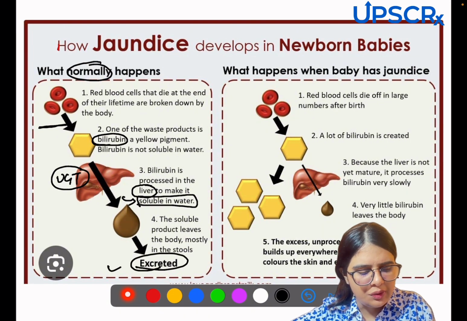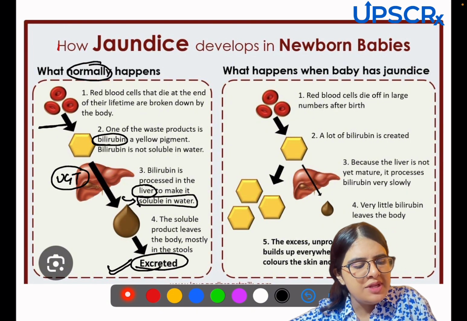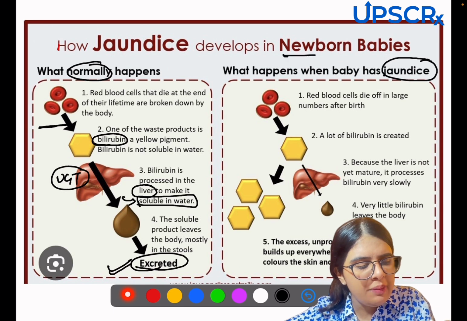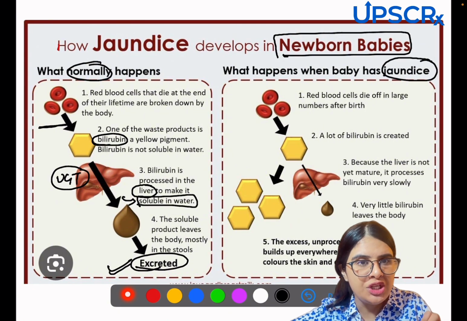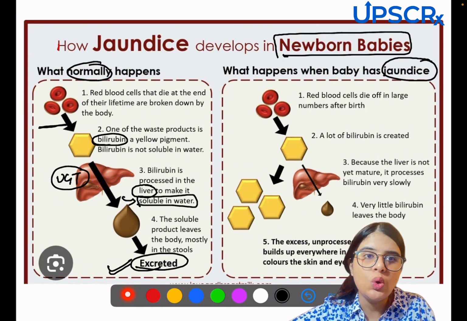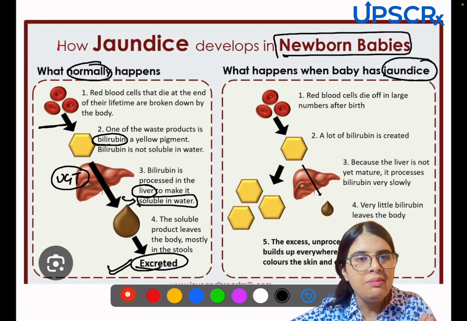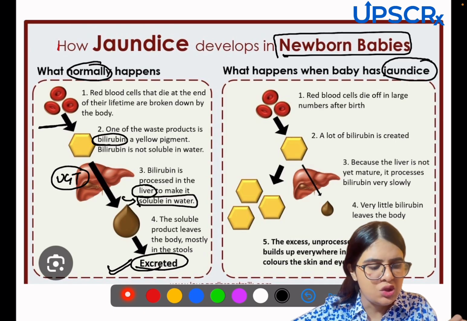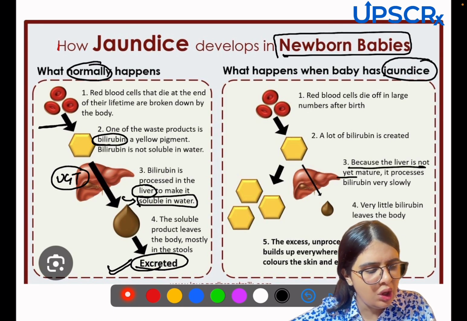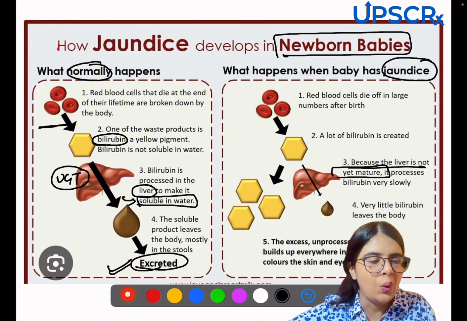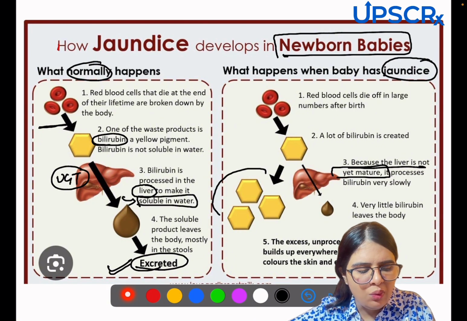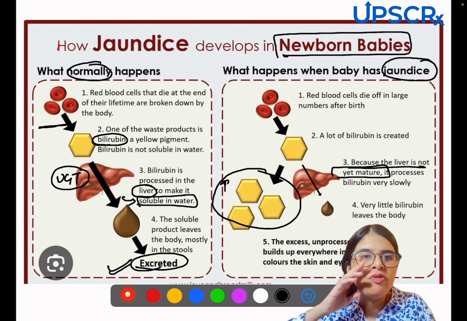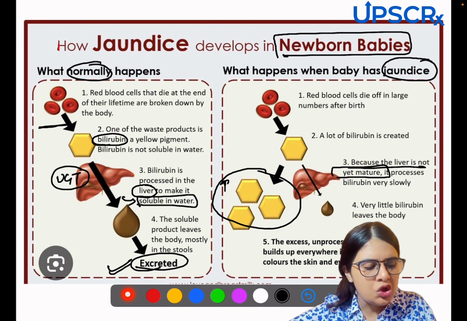And it gets excreted. But why do newborn babies have jaundice? Because they have an immature liver. The liver is immature, so the enzyme UGT is also immature. Now, when this enzyme is immature, proper conjugation does not take place. Because the liver is not yet mature, it will process the bilirubin slowly. So less conjugation will take place and there will be more unconjugated bilirubin.